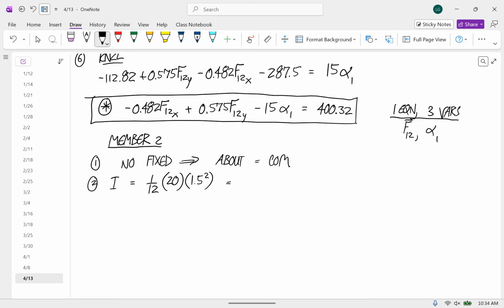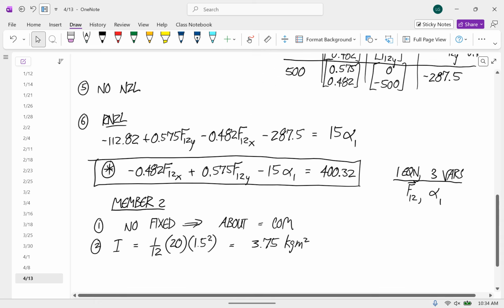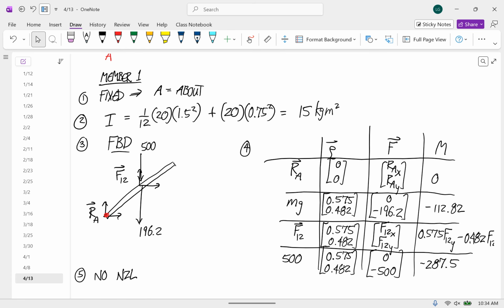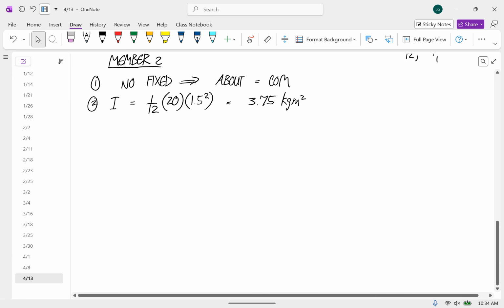And what do you get for that? 3.75 kilogram meters squared. Notice how big the contribution of the parallel axis theorem was from the first one. You can definitely have cases where that parallel axis theorem part is much, much bigger than the moment of inertia about the center of mass. And then the free body diagram.